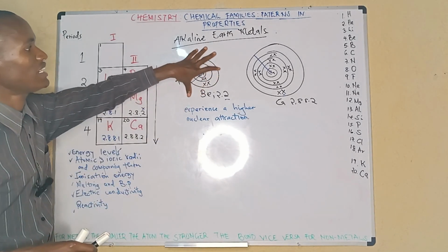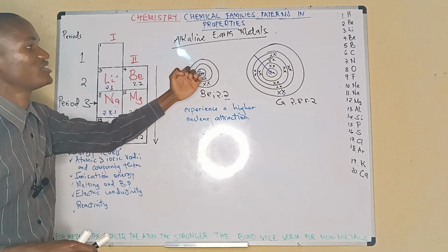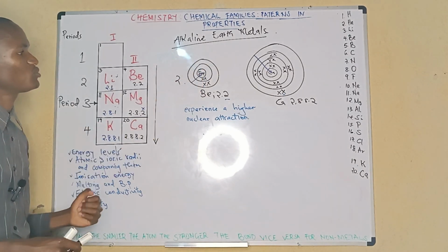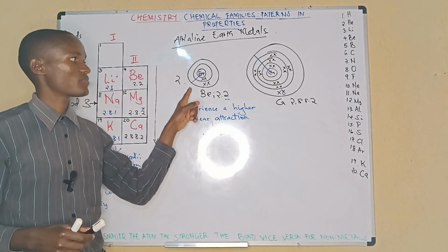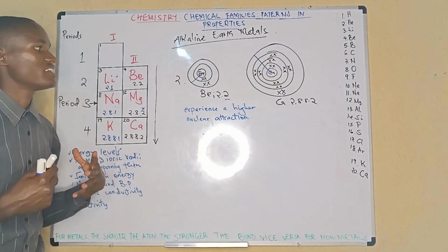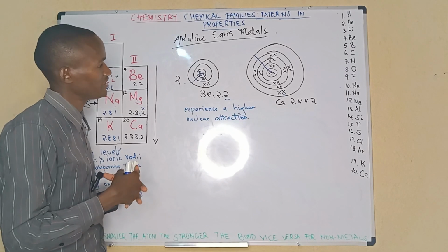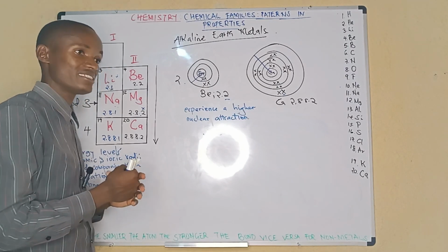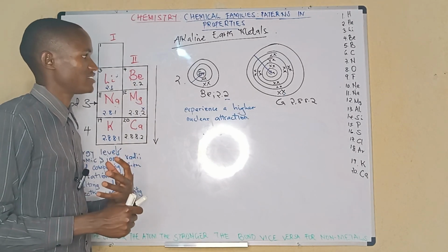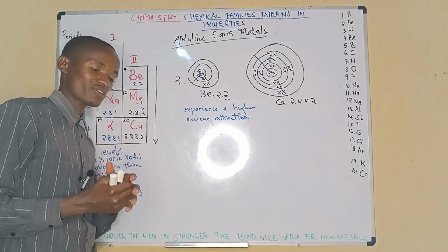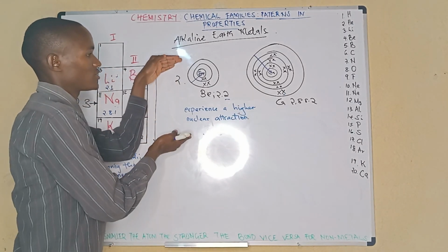This one has a stronger nuclear attraction. It will take a lot of energy to pull it from its atom. And since it will take a lot of energy, it means the ionization energy is high.